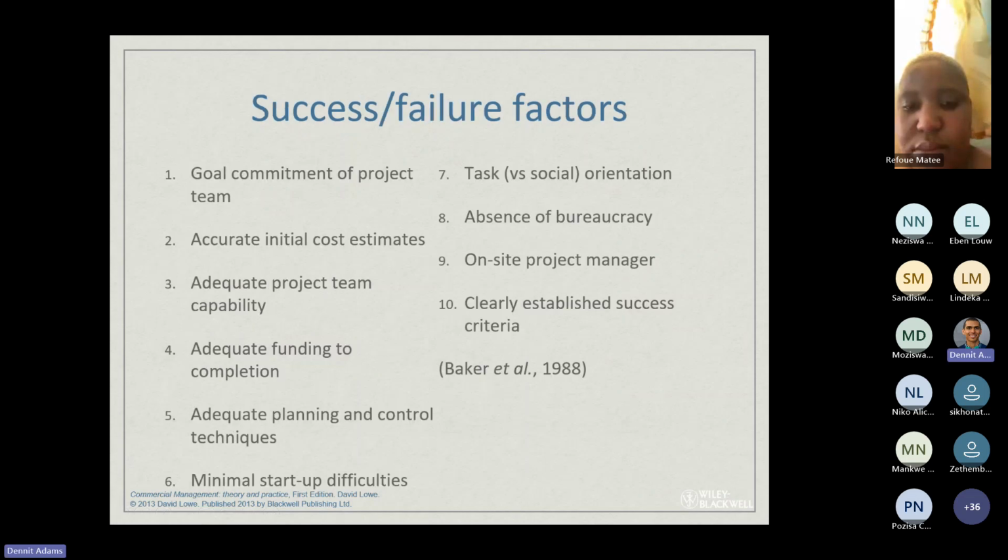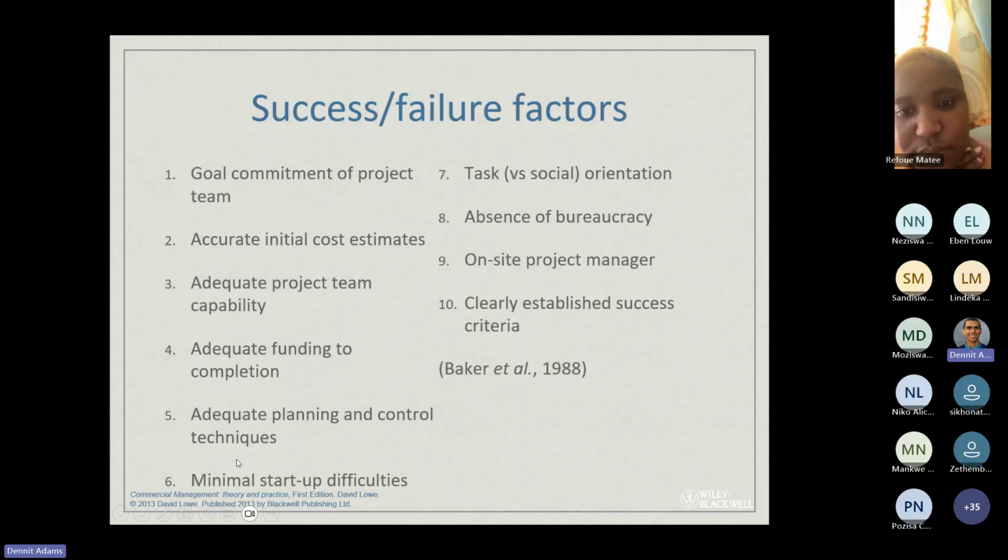So some of the factors, Baker states them as success or failure factors: goal commitment of the project team, accurate initial cost estimates, adequate project team capabilities, adequate funding to completion, and adequate planning and control techniques.